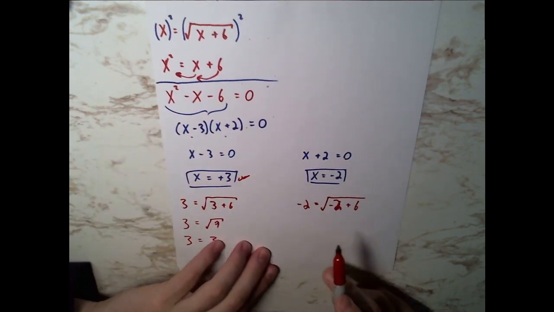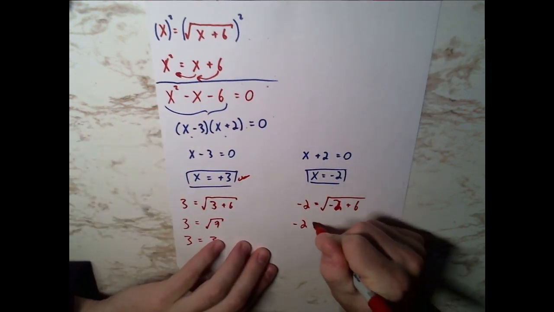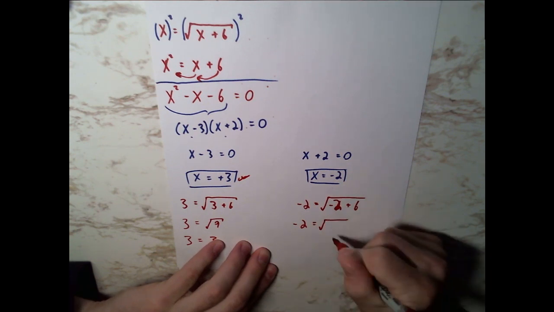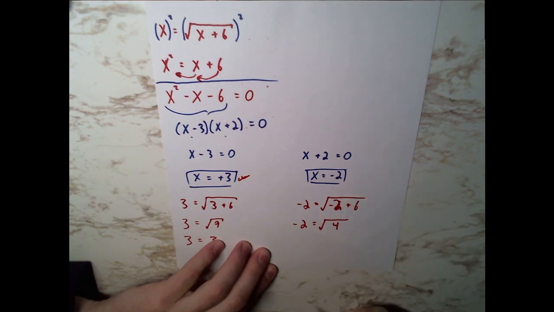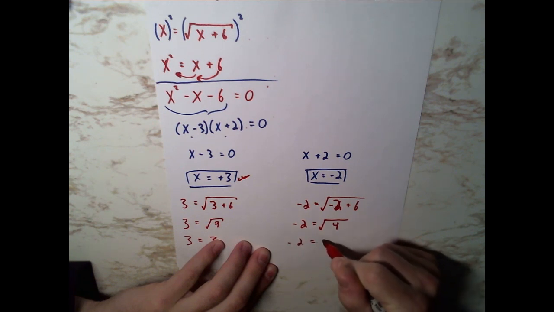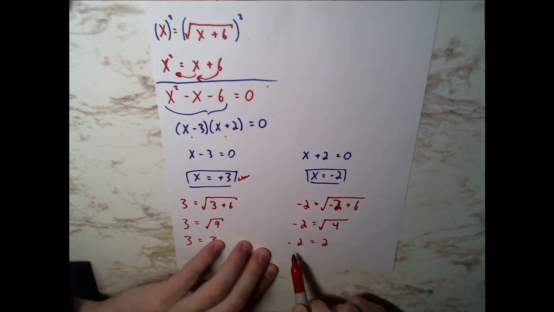Now let's look at this one. We have -2 equals square root. Well, -2 plus 6 gives us a +4. And the square root of +4 is 2. So here you can see that we have -2 equals 2.